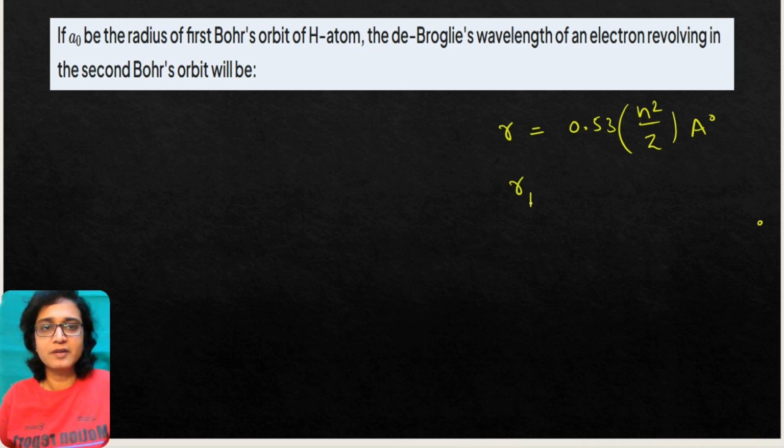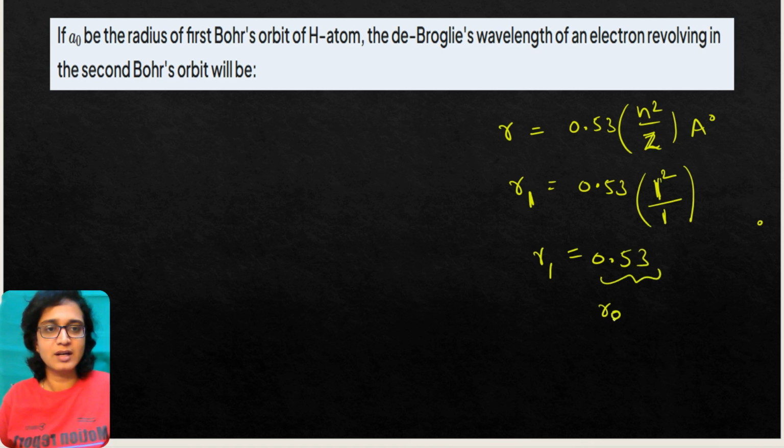If you calculate for the first orbit of the hydrogen atom, n will be 1, z will be 1. So the first orbit radius will be 0.53. The value itself we can call as r naught or a naught. The radius of the first Bohr's orbit will be r naught or a naught. So they are denoting this one with a naught.